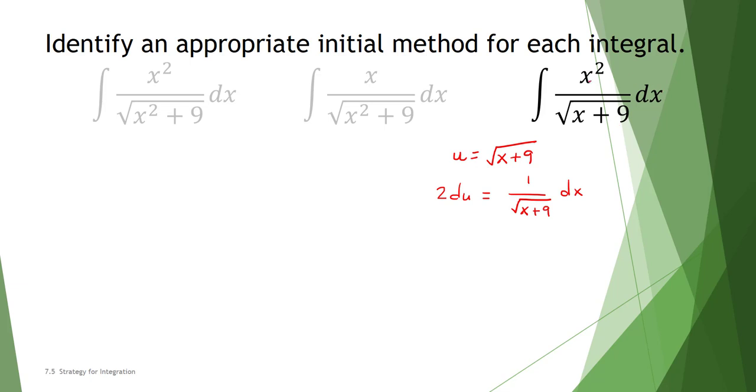For the x squared on top, I will solve this equation for x. So if u equals the square root of x plus 9, then x equals u squared minus 9. And we can rewrite the integral as the integral of u squared minus 9 squared times 2 du. From here we can FOIL this out and use the power rule for antiderivatives on each term.